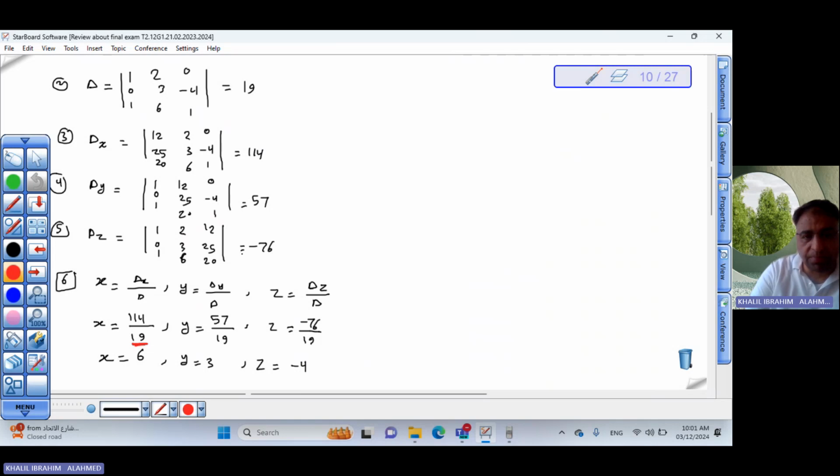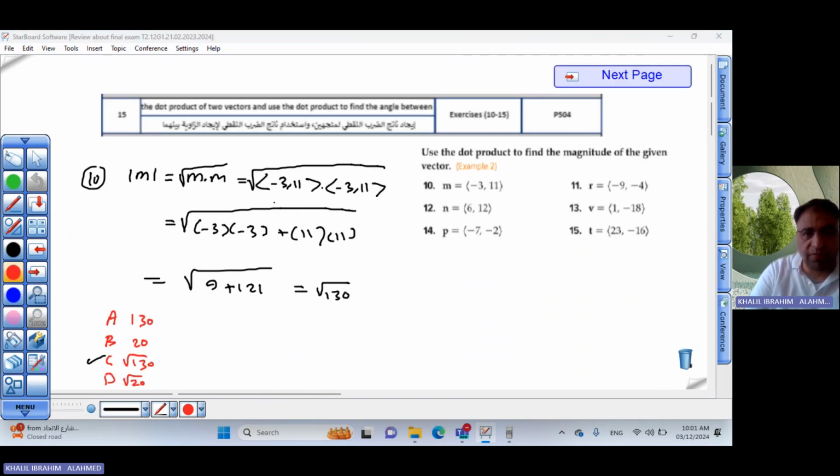Okay, and y here also delta y, 57 over 19, z negative 75 over 19. x equals 6, y equals 3, and z equals negative 4. That's it. It's easy. Let's move to the next question.